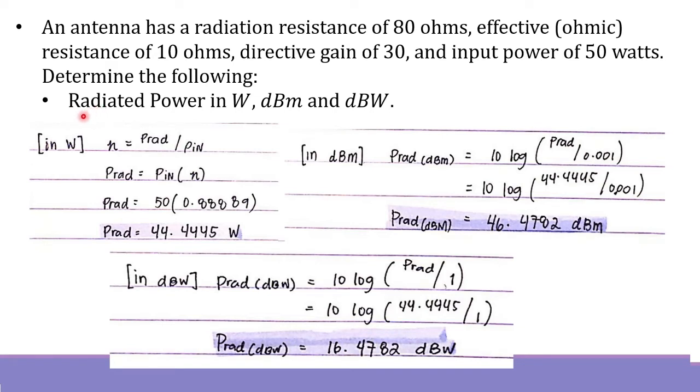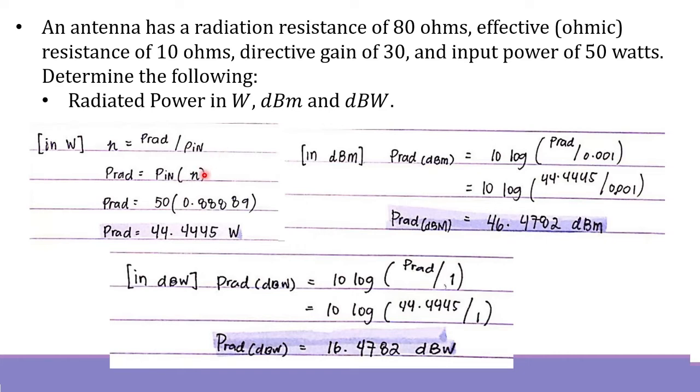Next is the radiated power in watts, dBm, and dBW. So for watts, we will be using this formula. Efficiency is equal to radiated power over input power. So to get the radiated power, we just need input power multiplied by efficiency.